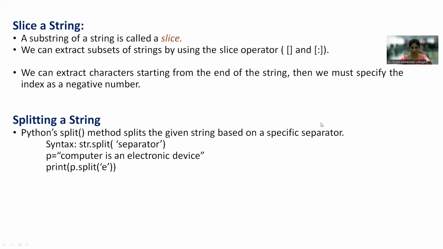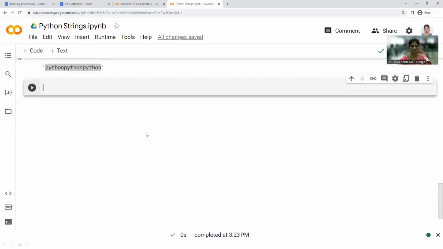Plus is for concatenation, asterisk is used for string repetition, and similarly for slicing we have the slice operator, that is the colon. We can extract characters from the start of the string, the end of the string, or the middle by using index numbers. We will see some examples here.